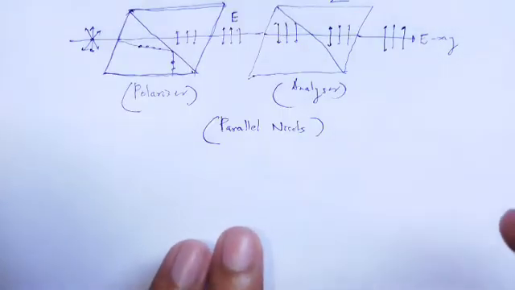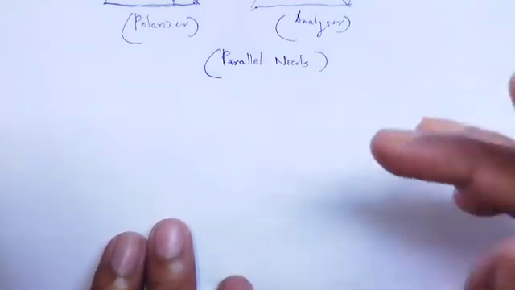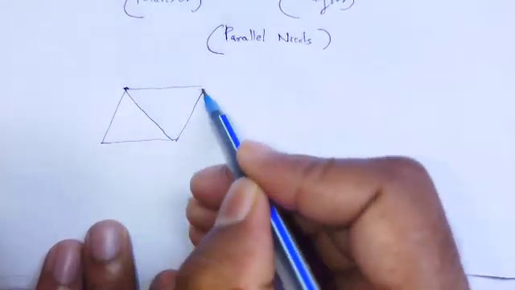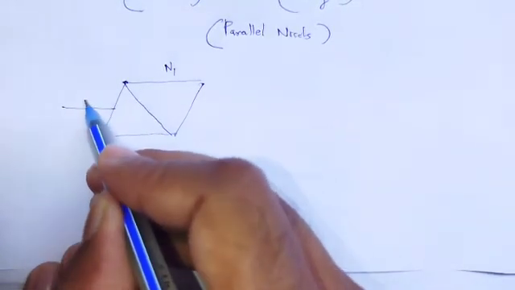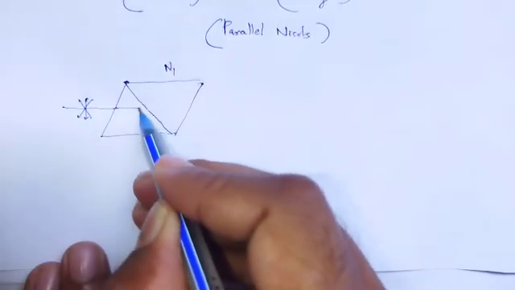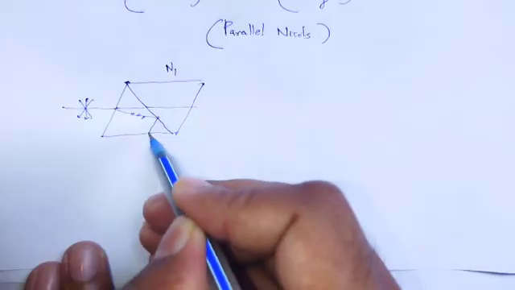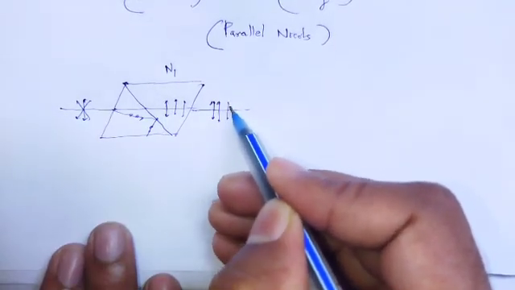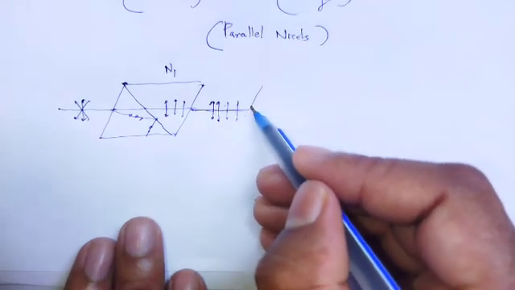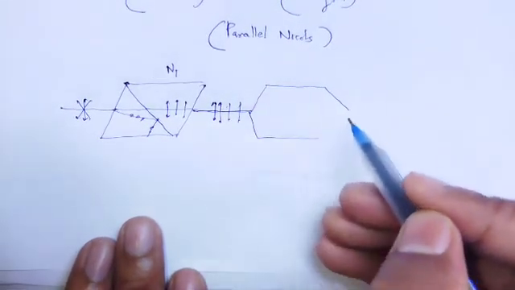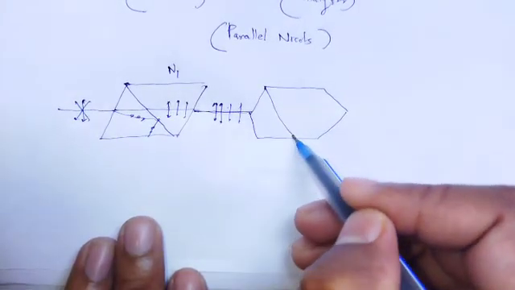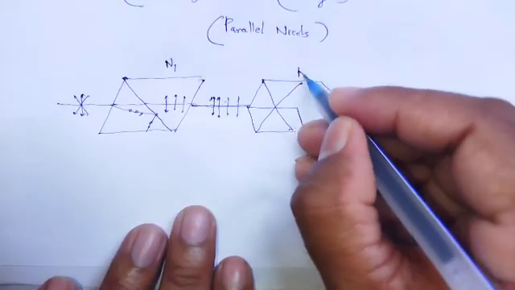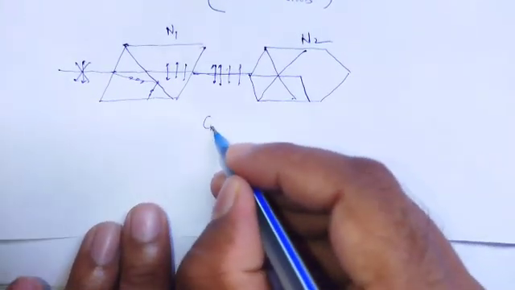Another situation, if it is crossed: this is the Nicol prism N1, the unpolarized electromagnetic wave, the O ray reflected back, the E ray, and here we use the analyzer N2, now crossed.